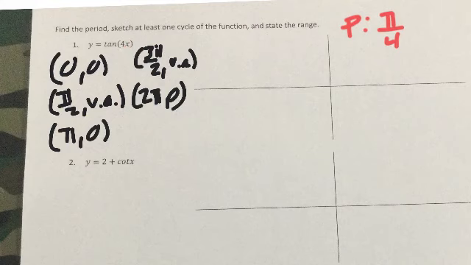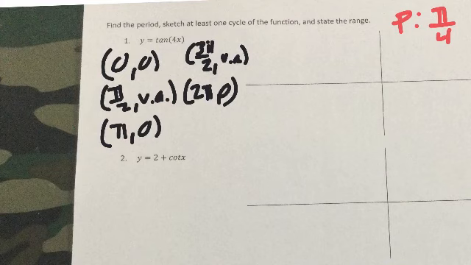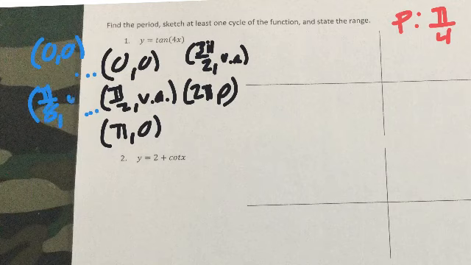So now I'm going to divide all of these x values by 4. So when I divide 0 by 4, it's still going to be 0. When I divide this by 4, it's going to give me pi over 8, a vertical asymptote.